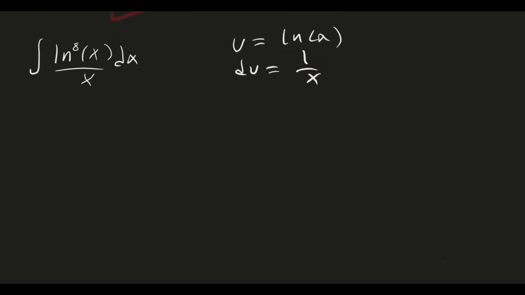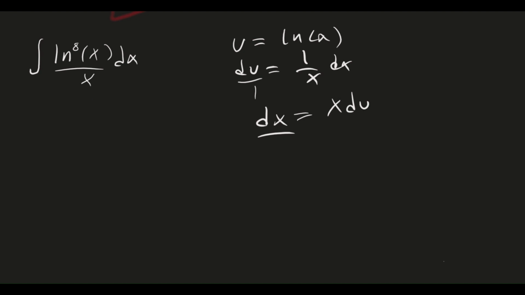So now back to this problem, dx. We can now solve for dx. We can cross multiply. dx now is going to give us x du. As you can see, this x is going to cancel with the x that is in the denominator.